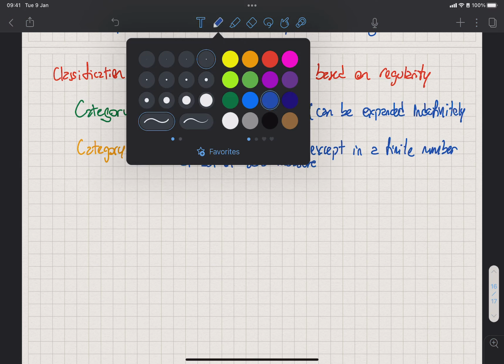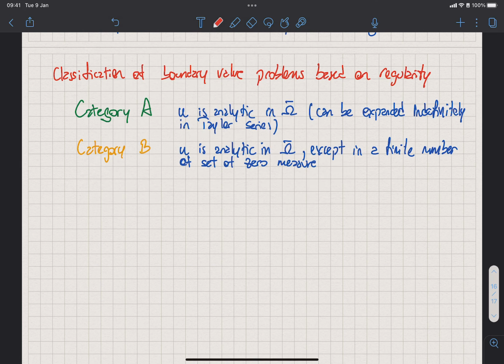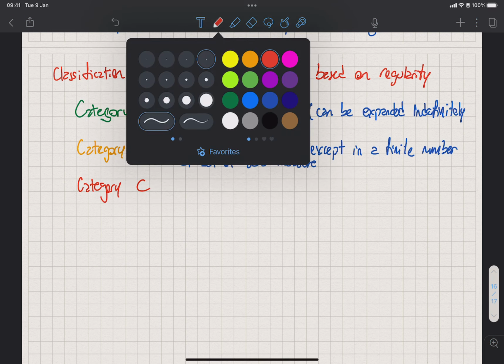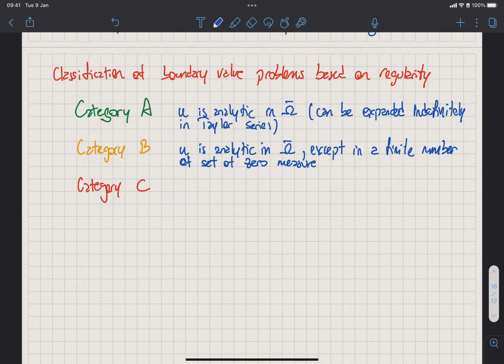And then finally, by extrapolation, you already know what I'm going to say, right? So there is a third category. And who can tell me what these problems are? Without solution? No, you still have a solution.